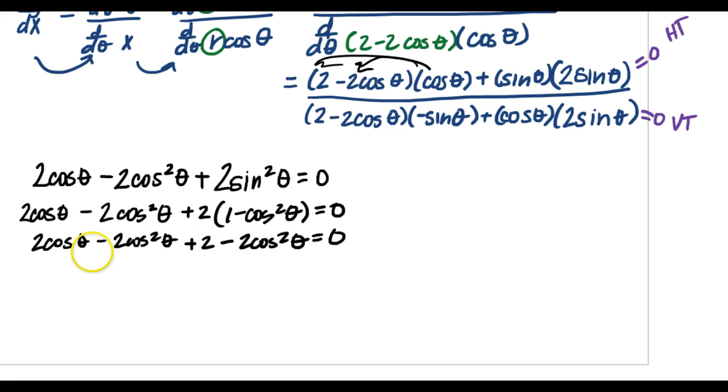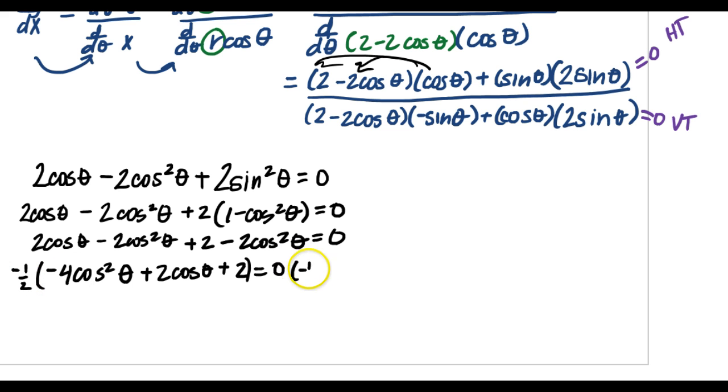Combining like terms here, I'm going to have negative 4 cosine squared theta plus 2 cosine theta plus 2 equals 0. And I'm going to go ahead and divide everything by negative 2. Or I can think about multiplying both sides by negative a half, so that I can get rid of the negative leading coefficient, and everything is divisible by 2, so it'll make my numbers a little nicer.